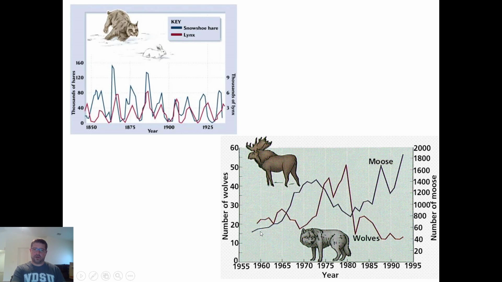And at first, as the moose population increased, you could see a pretty sharp increase in the wolf population. And then the moose decreased, and so did the wolves. And then the moose increased. But what we haven't seen is the wolves haven't really recovered. The wolves aren't exploding again.